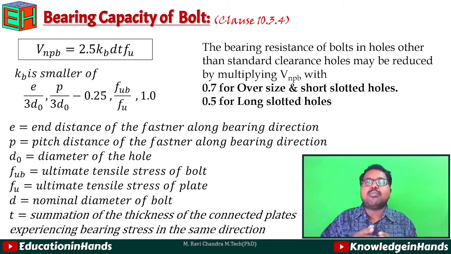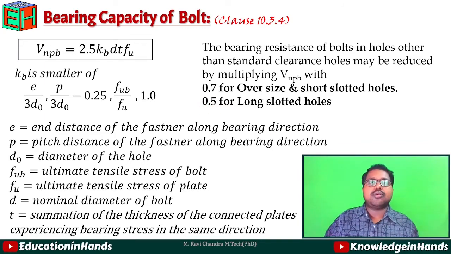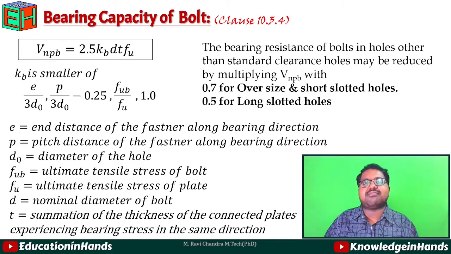If we are using oversized and short slotted holes, then the VNPB value will be reduced with a factor of 0.7, and if we are using long slotted holes, then it may be reduced with a value of 0.5. So these two need to be considered. If it is a standard clearance hole, then there is no reduction. This is for bearing capacity of the bolt.